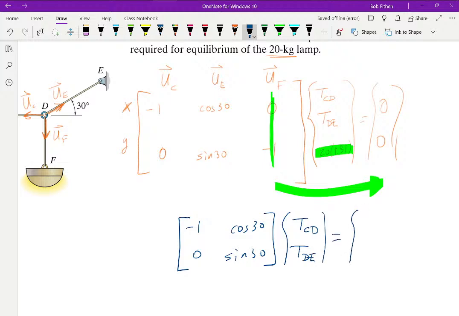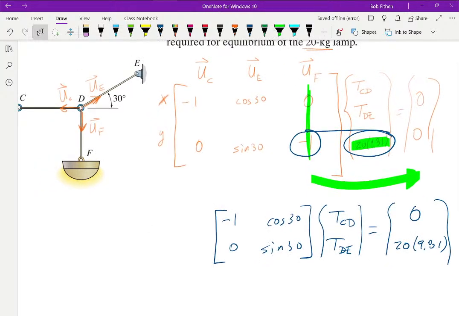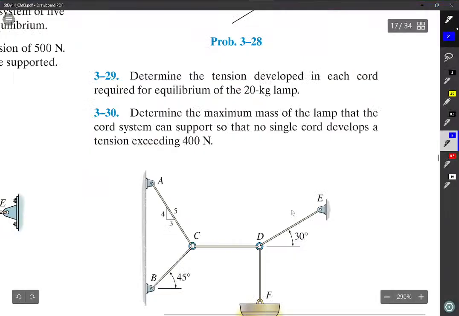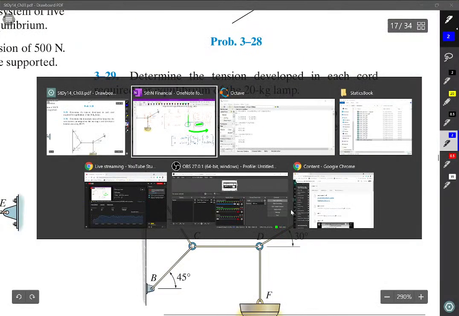And take this, multiply times that, move it to the other side, becomes 20, 9.81, and 0. Okay, let's go in here.